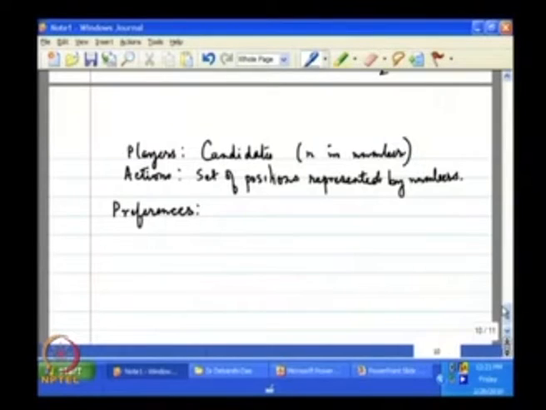Okay, preferences. Preferences are very intuitive and obvious. The candidates want to win. So, winning is the best possible thing that they can do.